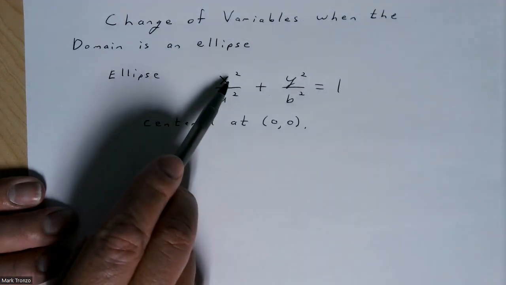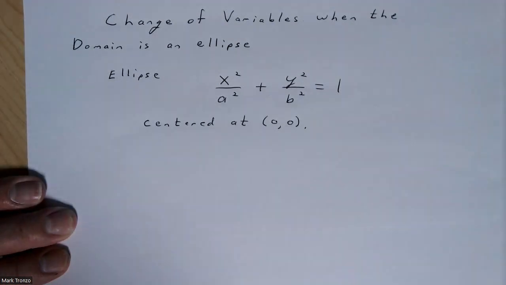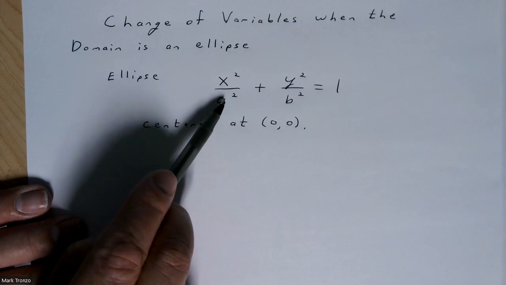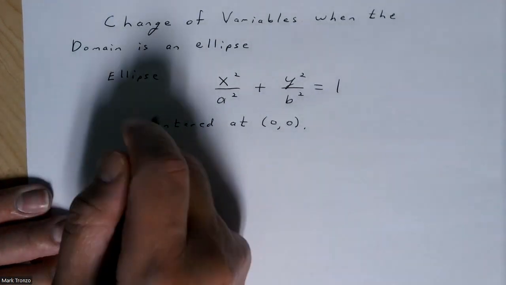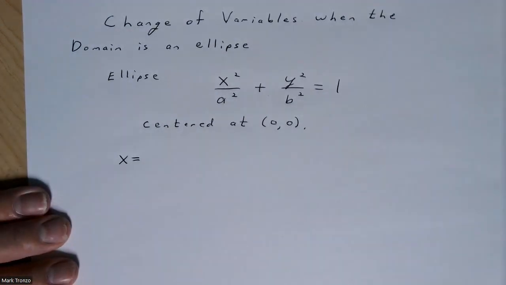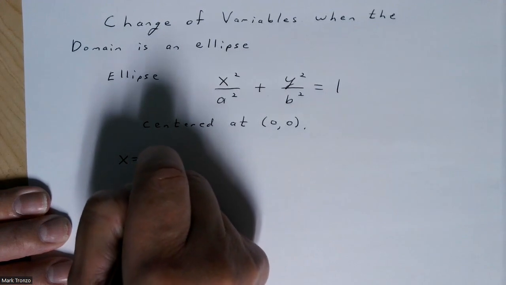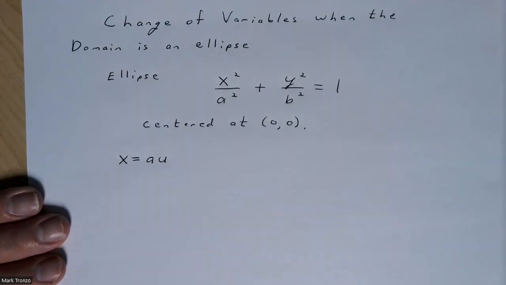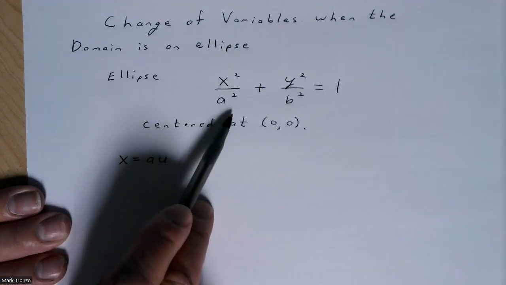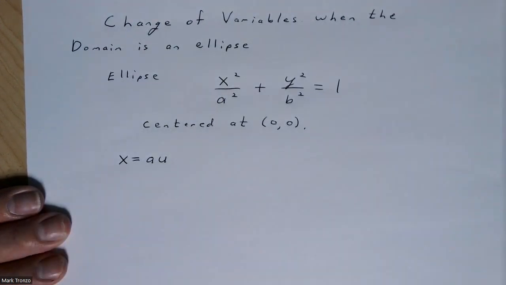Now, whatever we're going to put in for x, it's automatically going to be squared. So you can probably see here then, if we could do a substitution that has x equal a times u, let's say, then when we put this into here, the a is going to get squared and that's going to cancel.